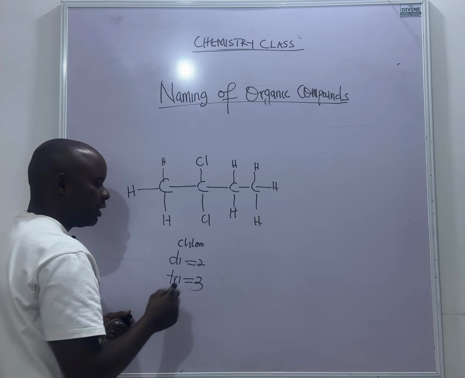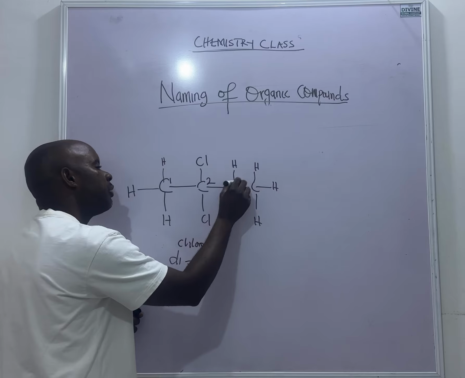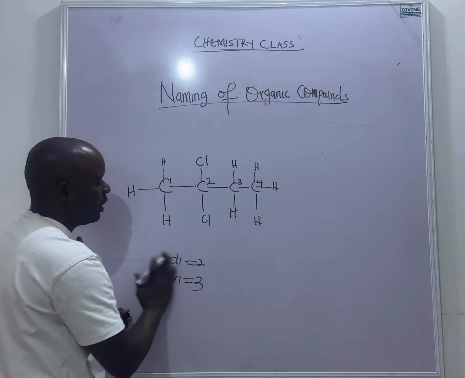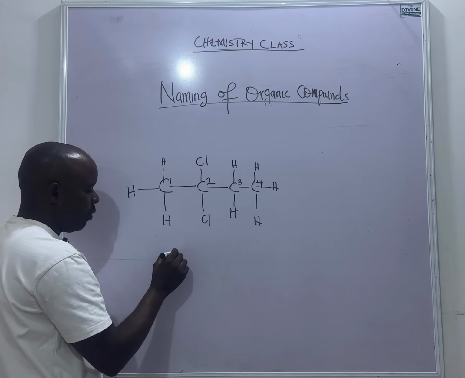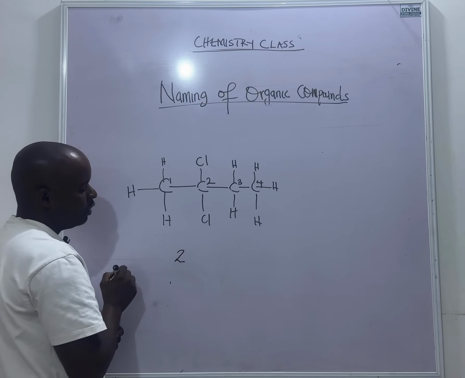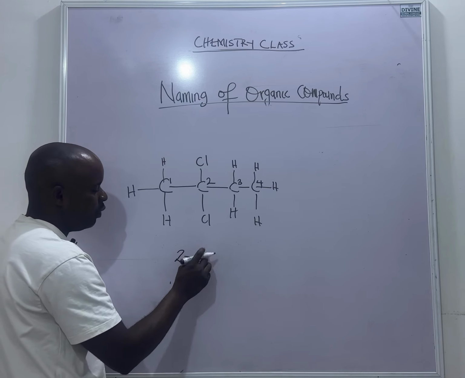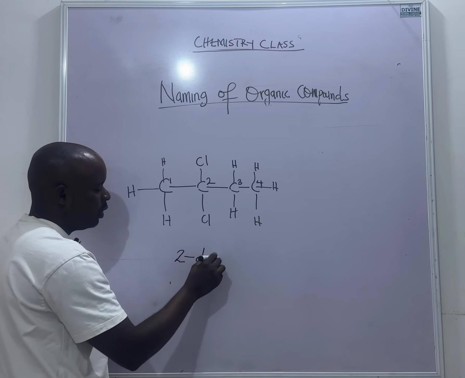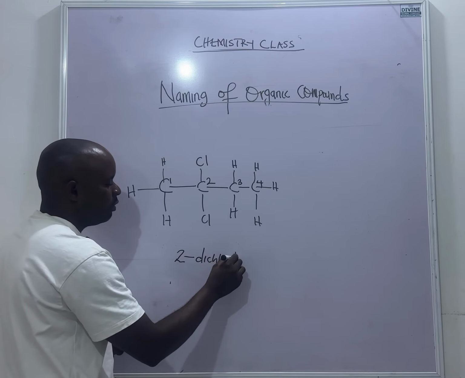So we number from here 1, 2, 3, 4. At carbon 2, we can say dichloro: 2-dichloro butane.